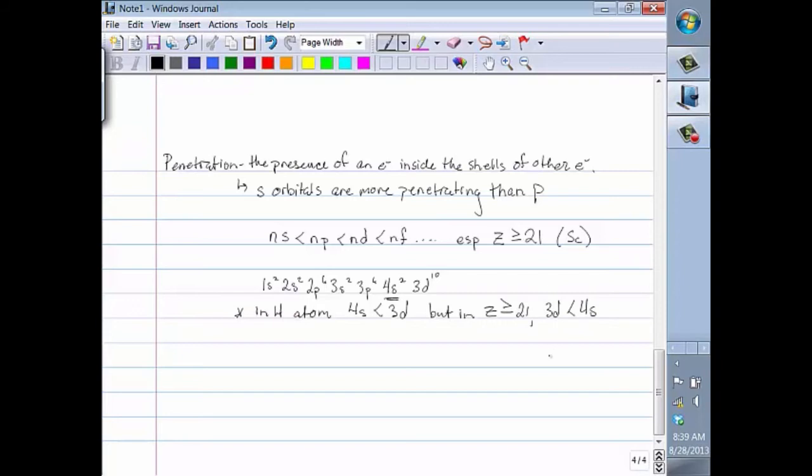They are close in energy, but the 3d is lower. The bigger atoms have even bigger differences between the 3d and the 4s. The farther you go along the periodic table, the lower and lower the 3d orbital gets in energy. Okay, so why do we care about this?